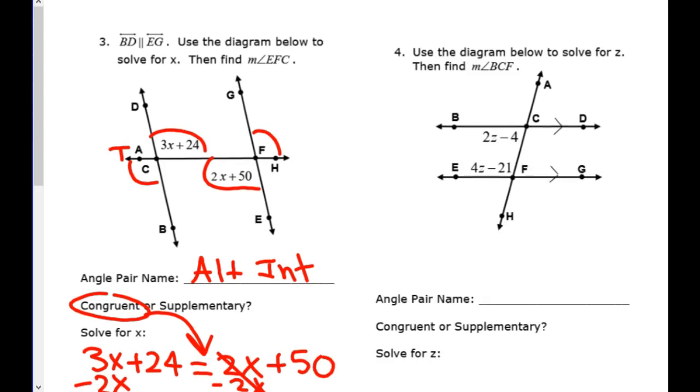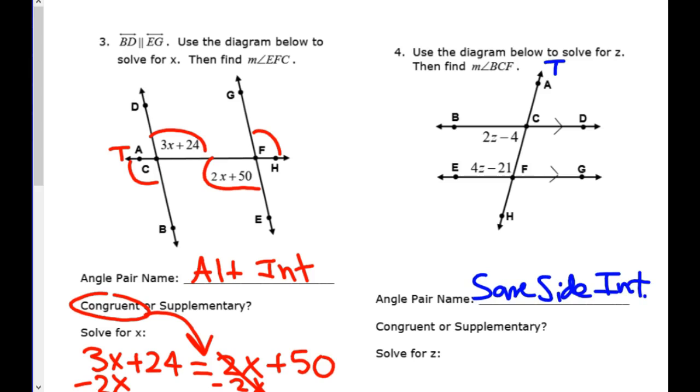So, what are these two angles called? On number 4, these two angles, are they interior or exterior? Interior. And are they same side or alternate? Same side. Okay, very good. Same side, interior.